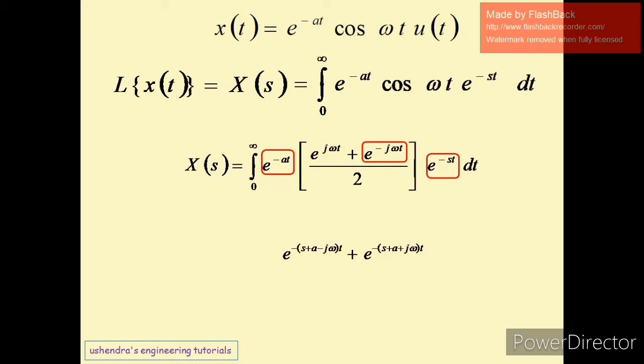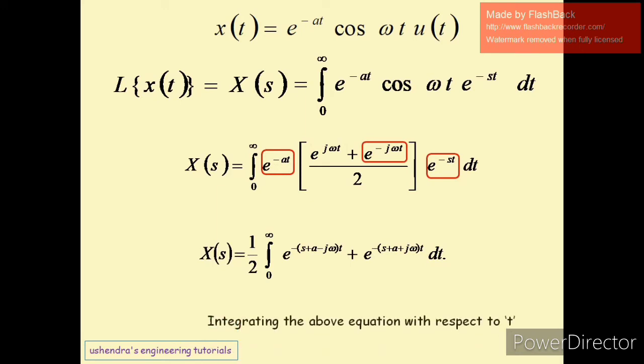So this is a simplification, and these terms are integrated with respect to t from 0 to infinity, being the lower and upper limits respectively. Half comes out because we have to do nothing with the half in the integration, which is equal to X of s.